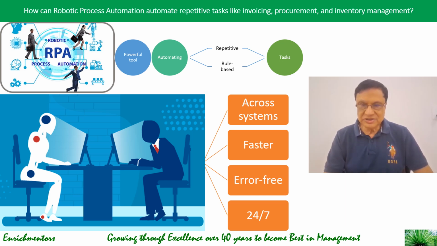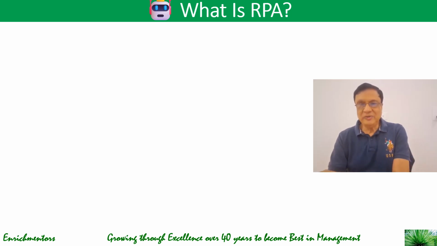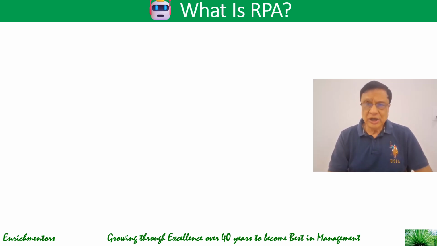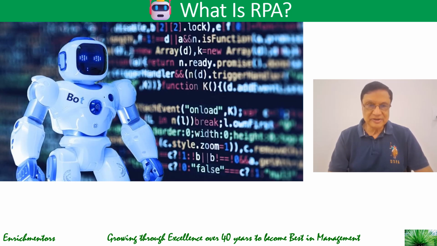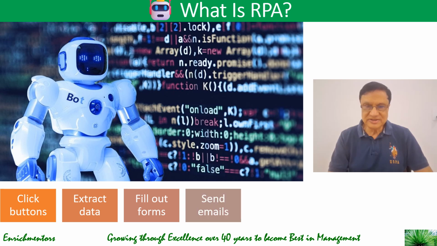Let's break down and see how RPA automates each of these tasks like invoicing, procurement, and inventory management. Before we do that, let's define what is RPA. RPA uses software bots, the bots that you see here, that click on buttons, extract data, fill out forms, send emails, and move files very much like human beings.